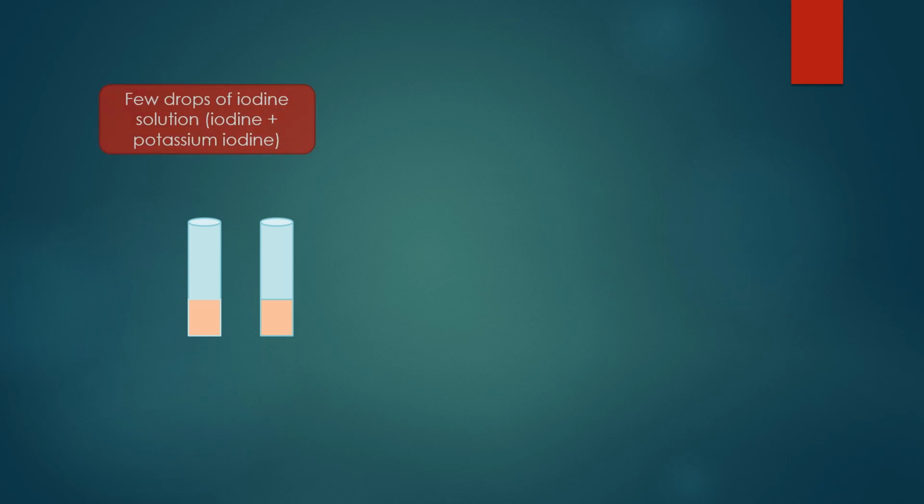Okay, I just tried to form a model as a laboratory to explain the test procedure. Here we have two test tubes, having certain samples. We will test them to see if they contain starch. So we will add a few drops of iodine solution, which consists of iodine and potassium iodide.